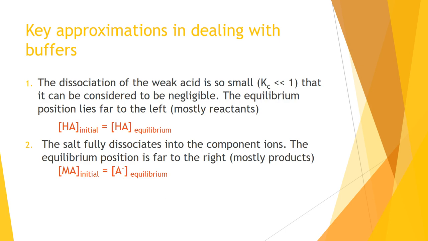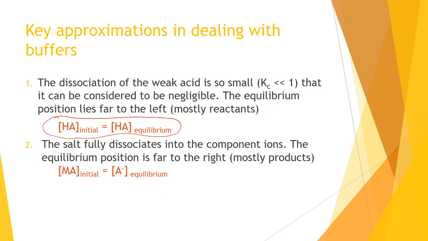That is, that at equilibrium, it sits far to the left, so that in any weak acid system, we're mostly talking about reactants and the products not being produced much at all. By doing this, we can make an assumption, and that assumption is, when doing calculations, that the concentration of the weak acid at equilibrium is going to be equal to the concentration of the acid initially.